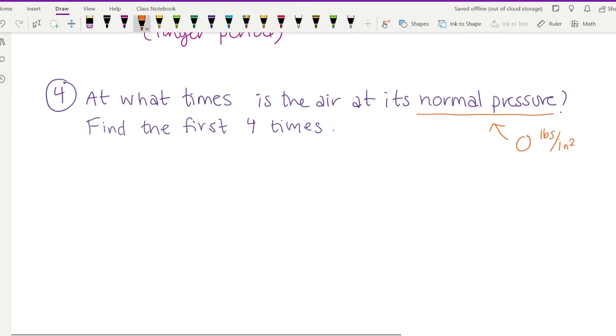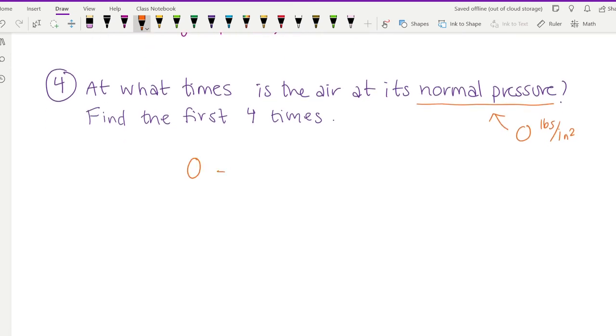So similar to what we did on the other one, we're given the output, and we want to set that equal to our function to find at what times we reach that output, right? And so we're going to set 0 equal to our function, which was 0.2 sine of 80 pi t.